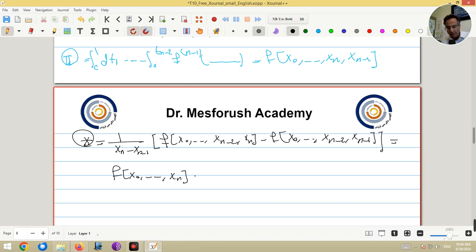In fact everything is okay, and I can put the famous square here, and the proof is complete. Now, this is in fact a very important equality in Newton interpolating formula and in divided difference.